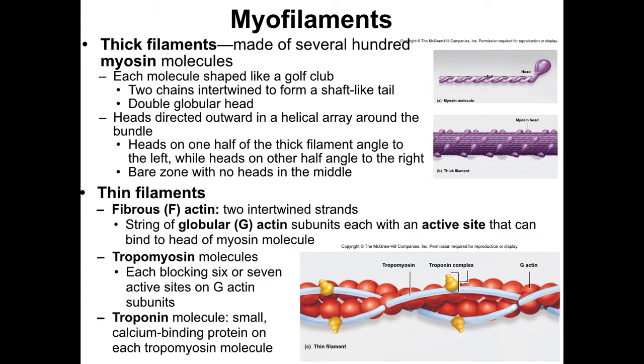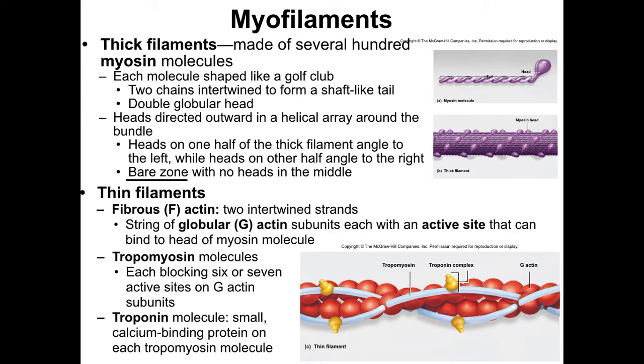In the middle of the thick filament, there's what's called a bare zone with no heads. That's where the tails start. The tails actually start at the middle, at the M line, so there's this area towards the middle of the thick filament that doesn't have any head groups, and then you have head groups going out from there.